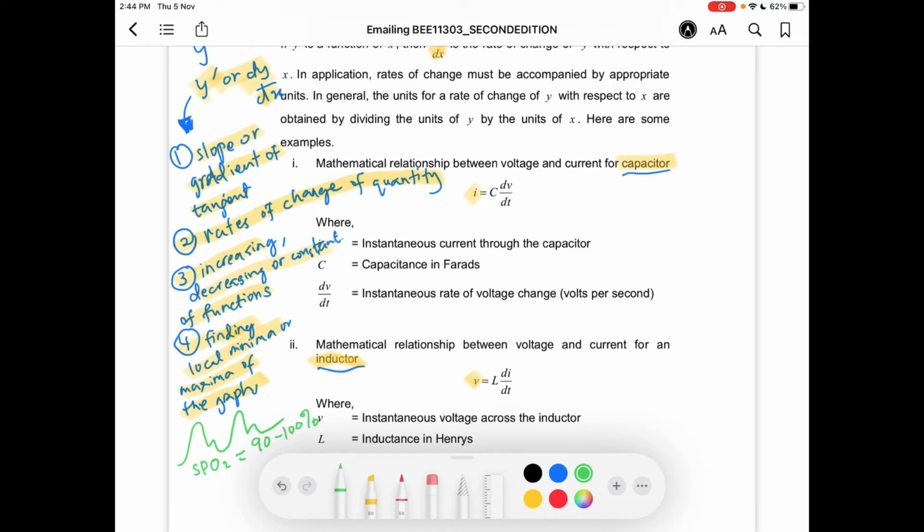So let's say if you get 60 to 100%, it means that your oxygen level in your body is all right. If I can give a case, for example, in COVID-19 cases, many of the patients are short of oxygen in their body.